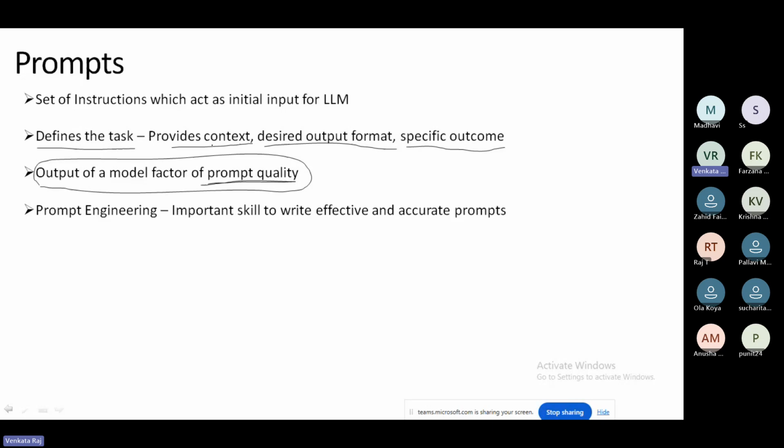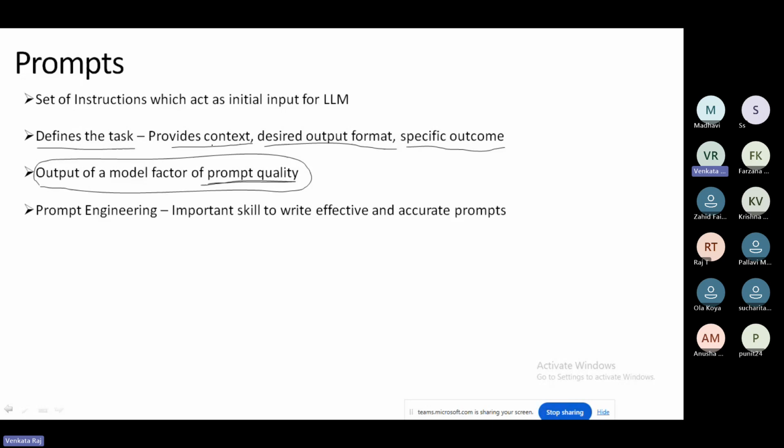As I was telling you, anyone can write a prompt, anyone can do a conversation, right? But writing the effective, correct prompt is very, very important, because the output will depend on the prompt quality, guys. Now, for example, you and your colleague are both using AI and writing prompts.